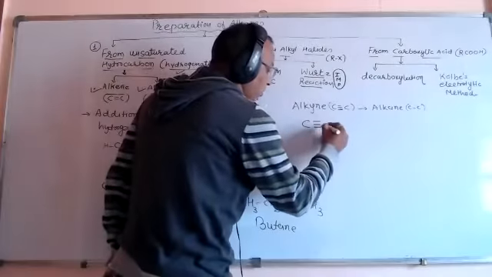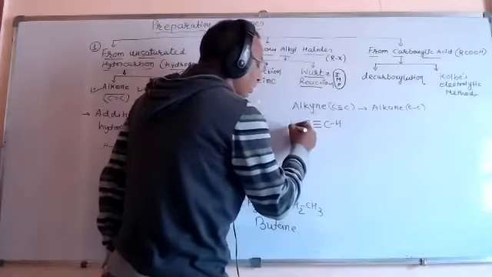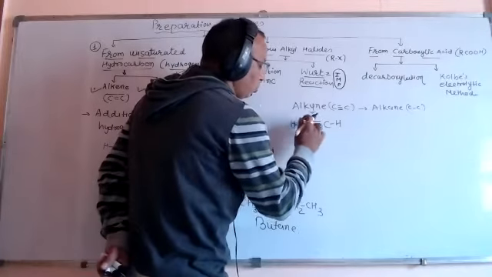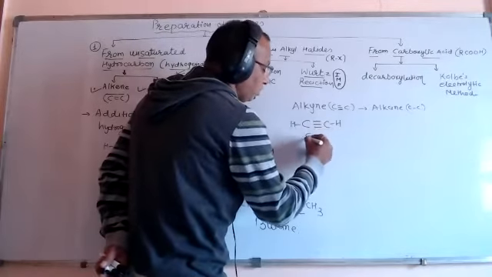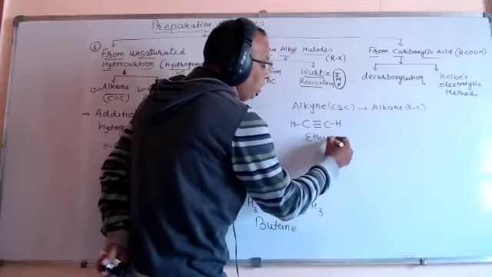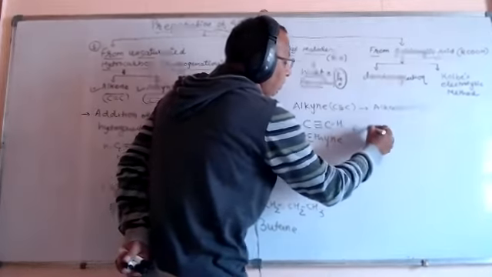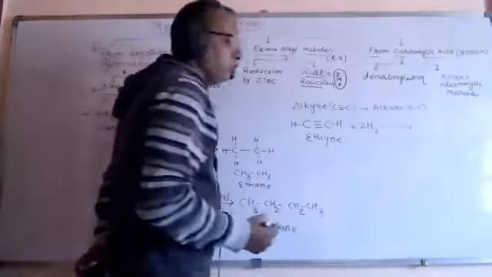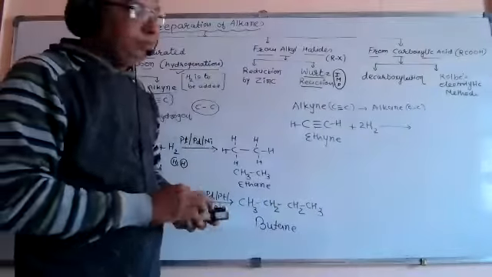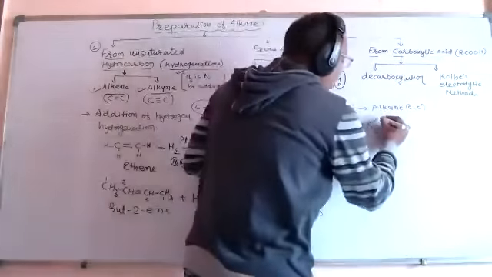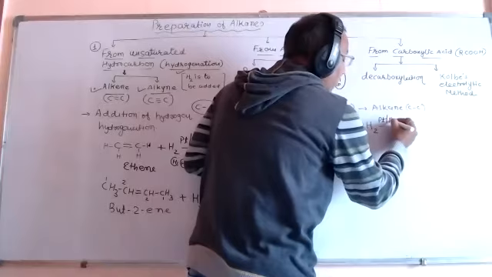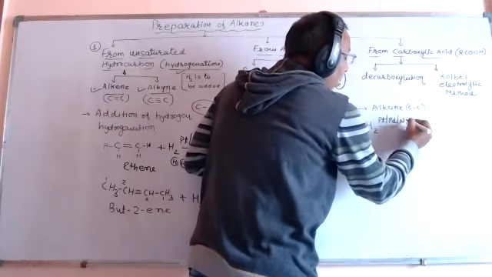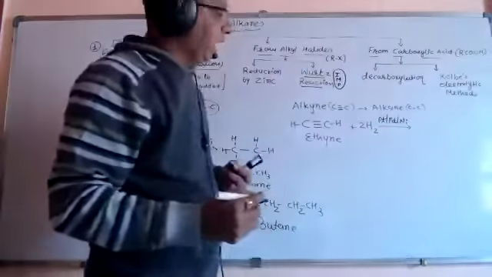So this is the first member, C2H2 or CH triple bond CH. It is called ethyne. In ethyne, friends, two hydrogen molecules, 2H2, are to be added. And once again, platinum or palladium or nickel, any one metal is used as a catalyst.